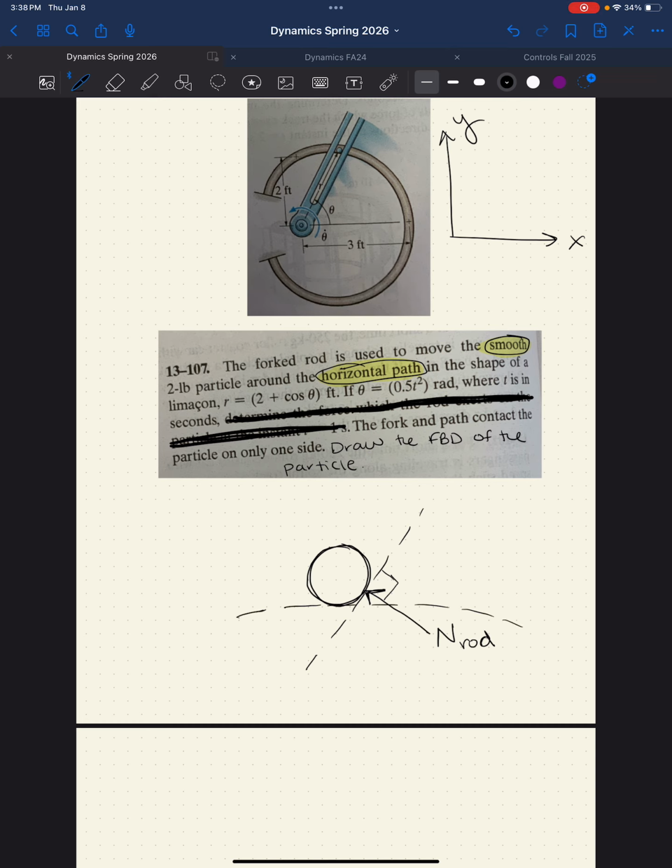The path is like this kind of radial function, and so our normal here is normal to the path. Those are the only two forces on this free body diagram, because we are neglecting friction and we are considering this to be lying in the horizontal plane.